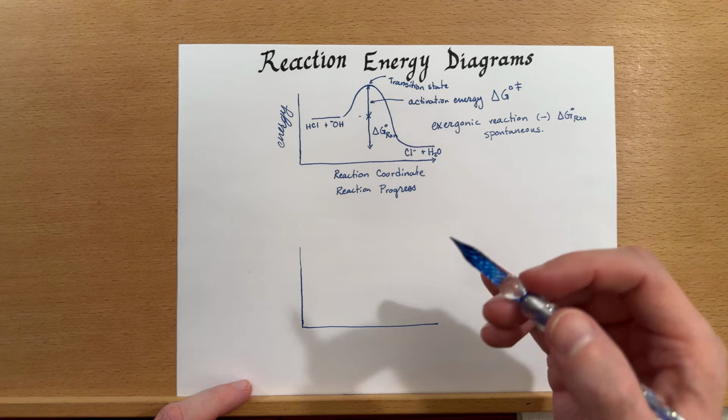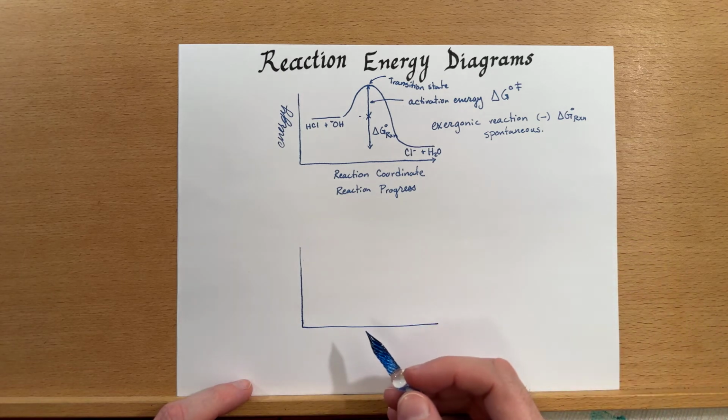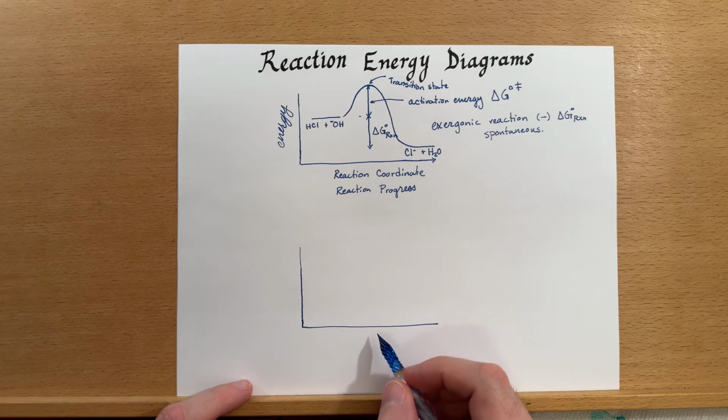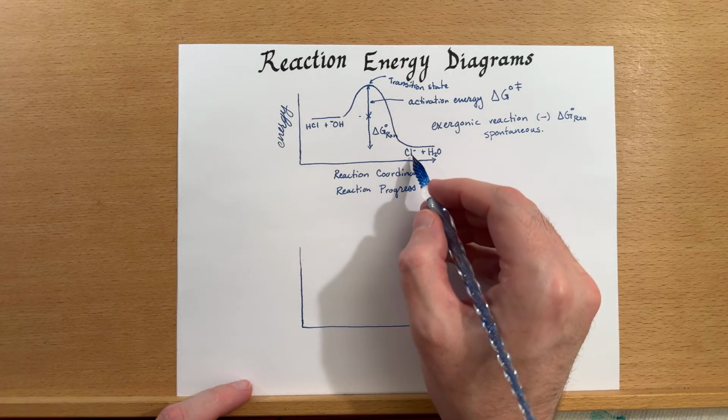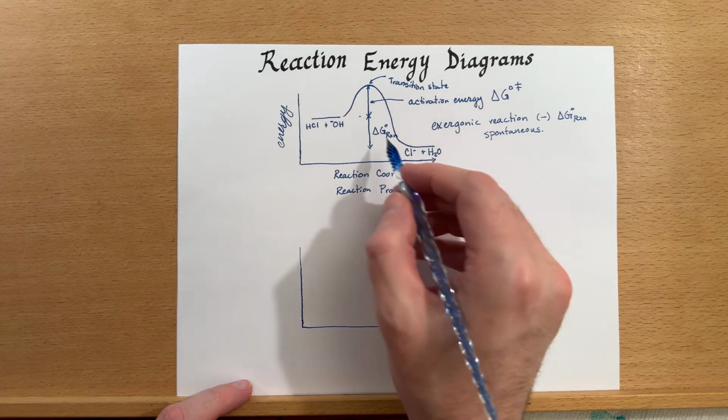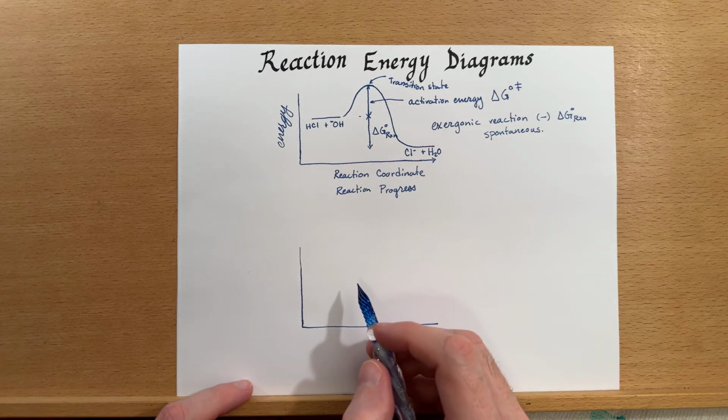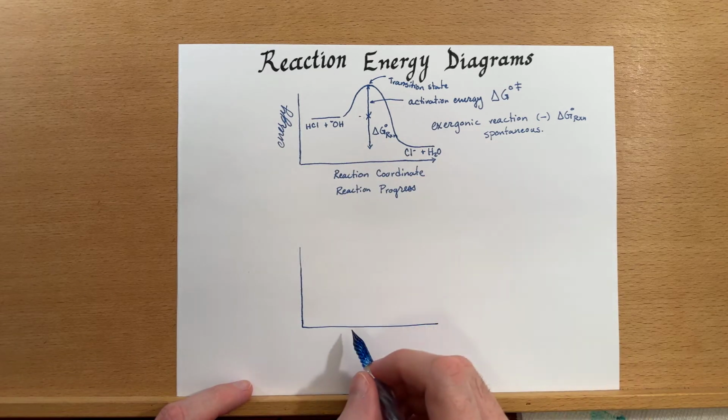So I'm going to draw another reaction coordinate diagram. This time I'm going to start with the chloride and the water, and I'm going to end with HCl and OH.